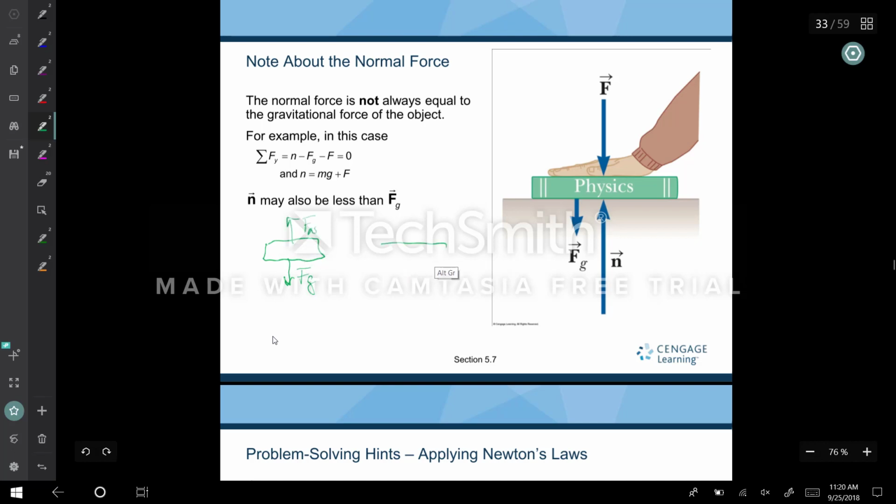But when you apply another force down, do I change the weight? No. The weight is a force between the mass of the book and the earth. Has the earth lost weight? Mass? Has the book lost mass? No. But I have added another force.